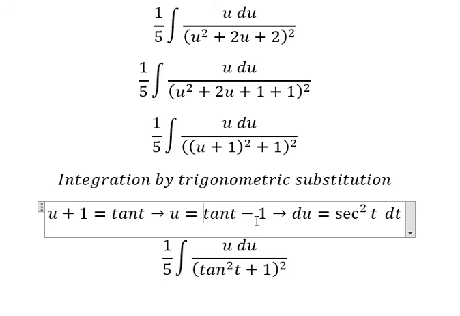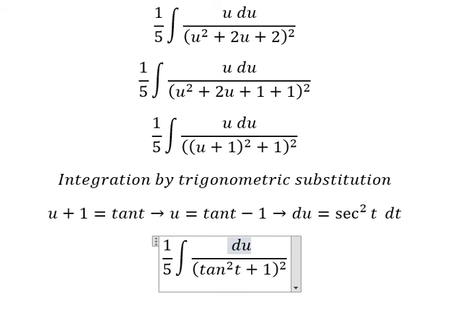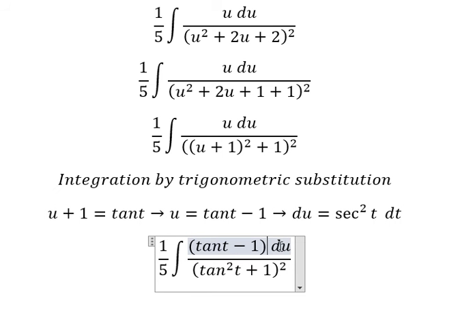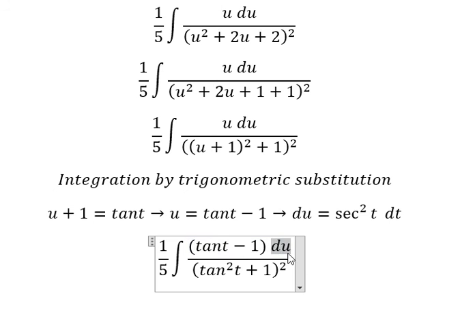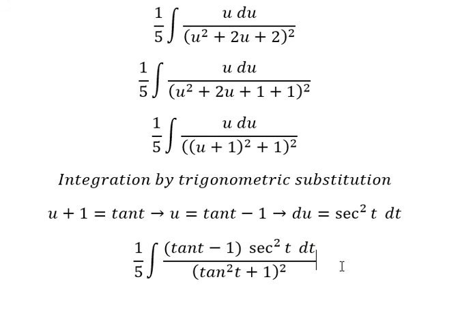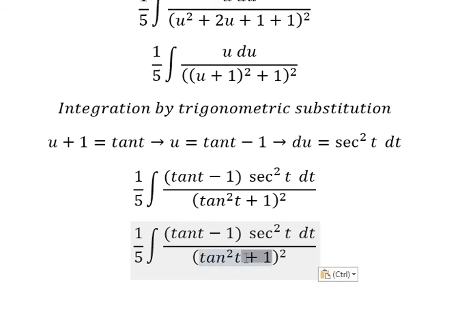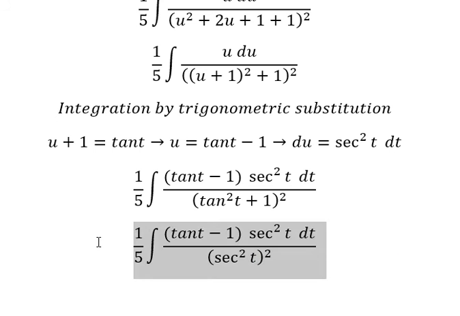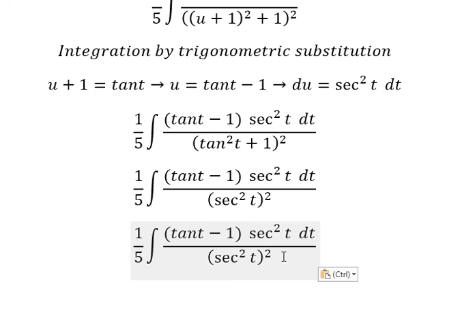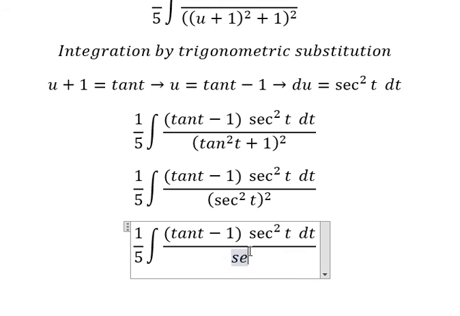U, that's tan t minus 1. Du, that's secant of t square dt. And this one we change for secant of t square, and this one we change for secant of t to the power of 4.